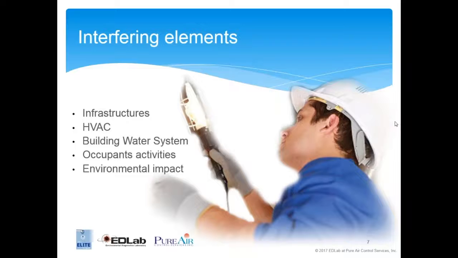There is also a significant amount of activity by the occupants that may interfere with the total quality of the environment where they are dwelling. And of course, there is another important factor, the environmental impact, which many a time is man-made or natural. We'll discuss a little bit more on this topic as we go through our presentation.